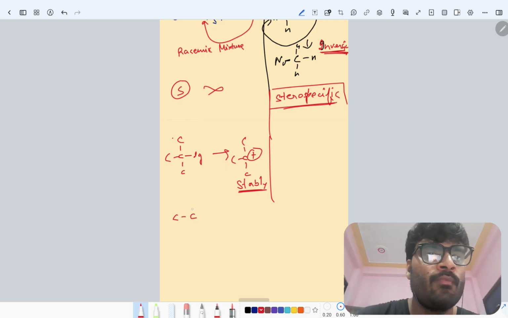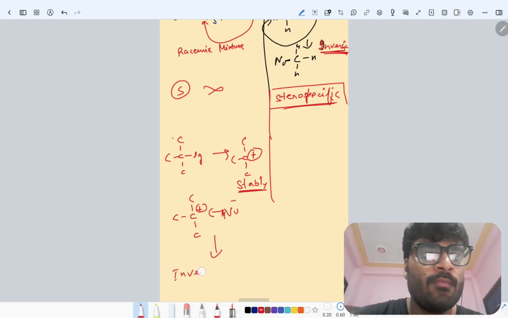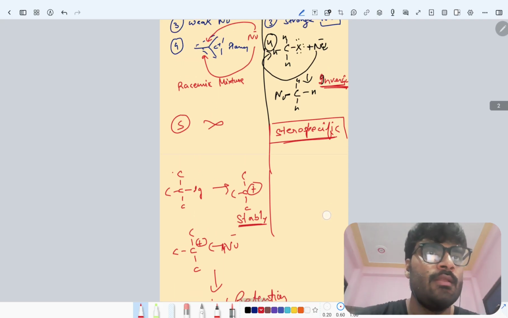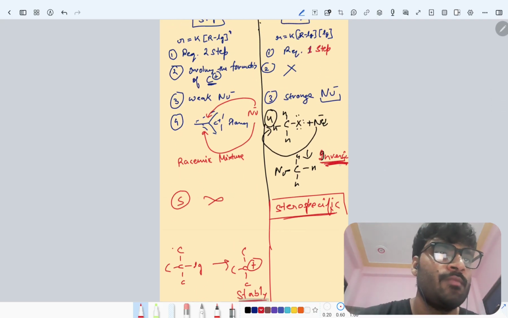As I told you, this nucleophile can attack from any side, and we get both the inversion product as well as the retention product. But in SN2 we get only the inversion product.